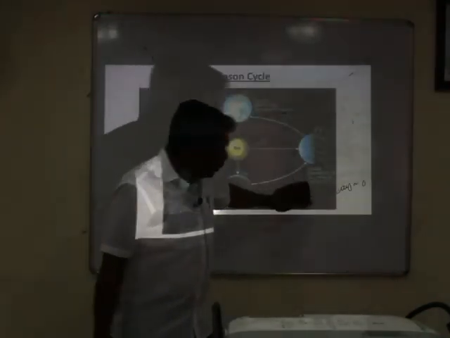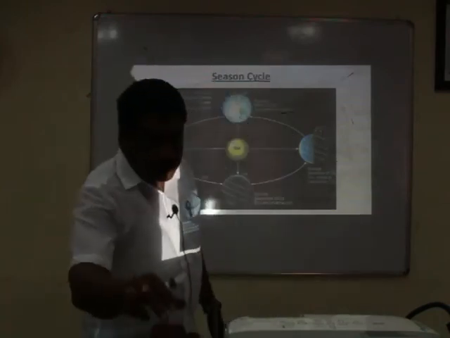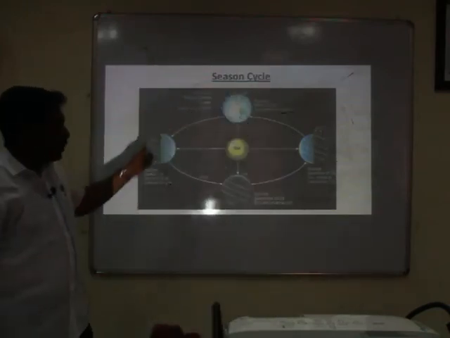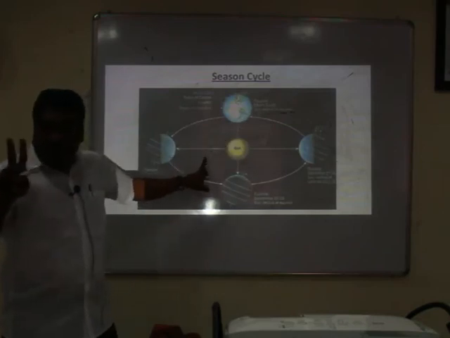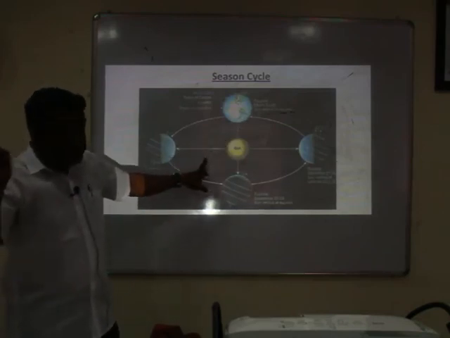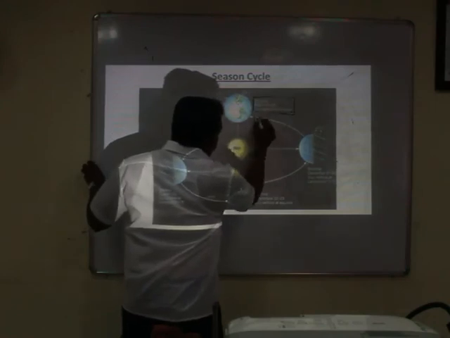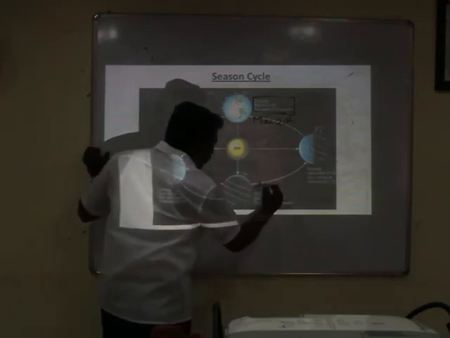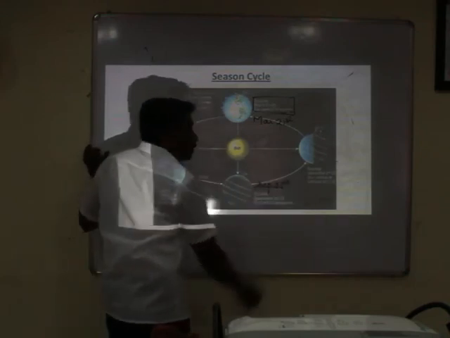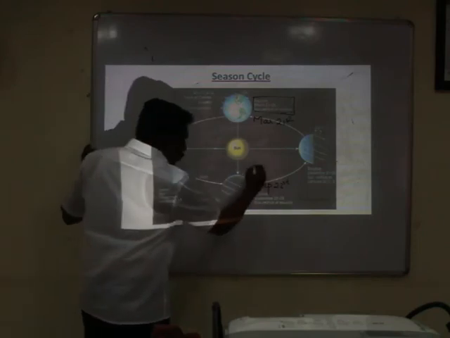Now, between the summer solstice and winter solstice, I have two transitional phases. One transition happens on March 21st, another transition happens on September 23rd. This position we call them as what?